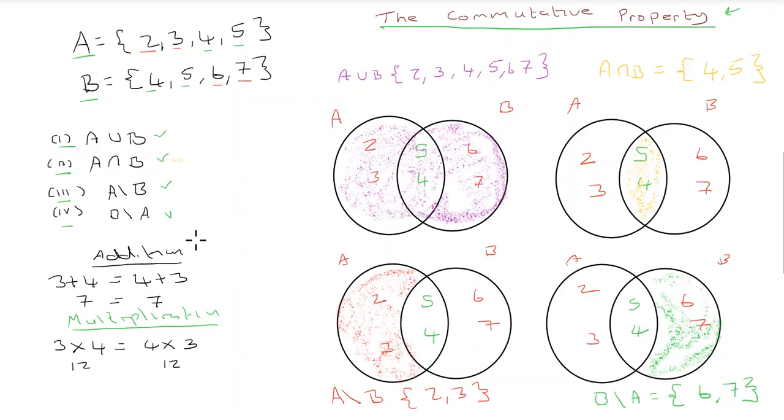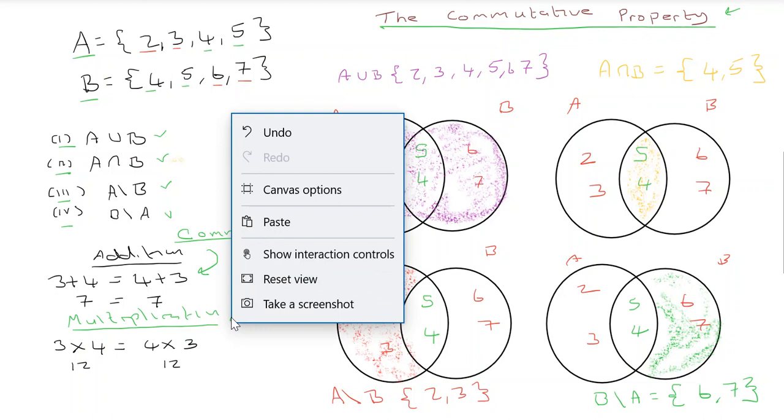So we can say that these are what is known as commutative. And what that means is it doesn't matter which way you do the operation. If you add the 3 and the 4, or if you add 4 to the 3, you're going to get the same answer. And the same with multiplication. If you multiply 3 by 4 or 4 by 3, you will get 12. So the operations addition and multiplication are what's called commutative.